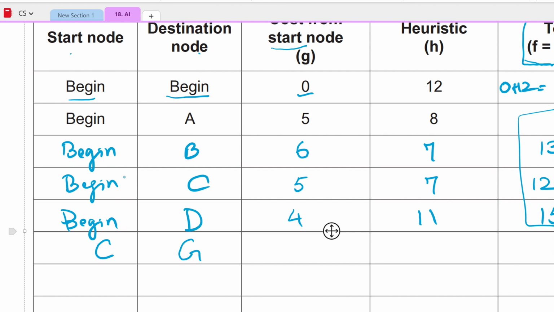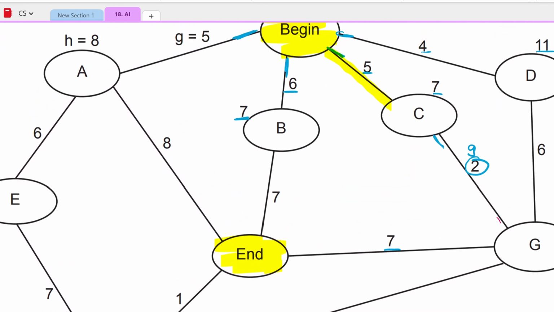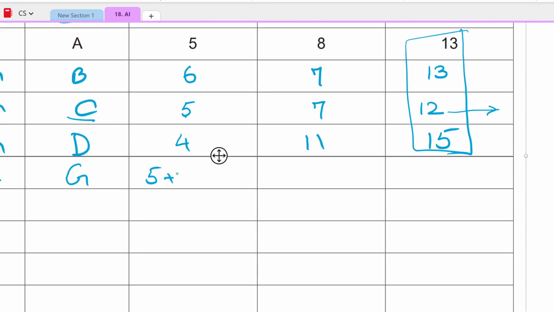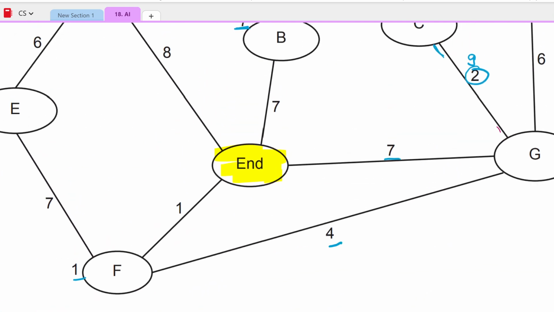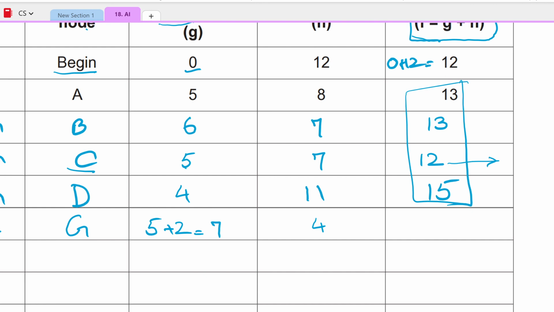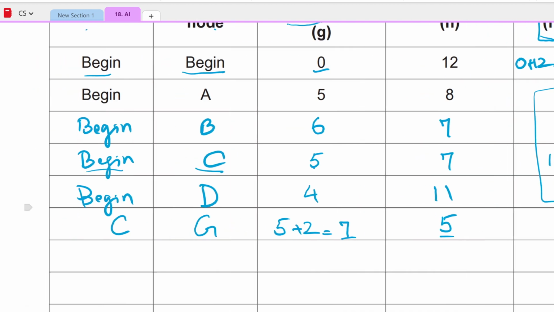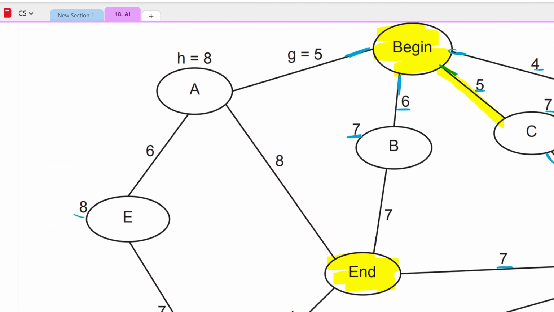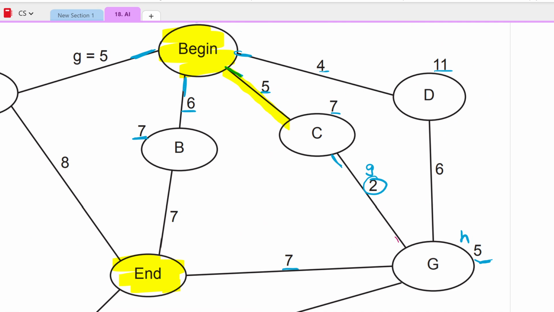We have begin to C 5 plus, what was it, 2, equal to 7, and the heuristic value is 5, not 4. So 7 plus 5 becomes 12.